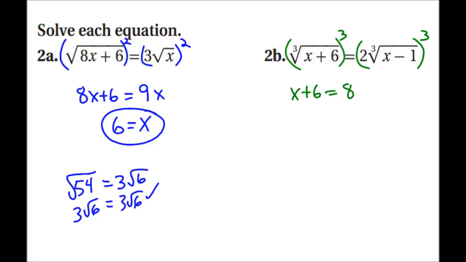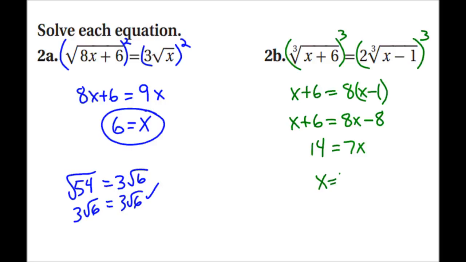And when we cube the cube root of x minus 1, we end up with x minus 1. So we have x plus 6 equals 8x minus 8. We get 7x equals 14. Divide both sides by 7, so x equals 2.